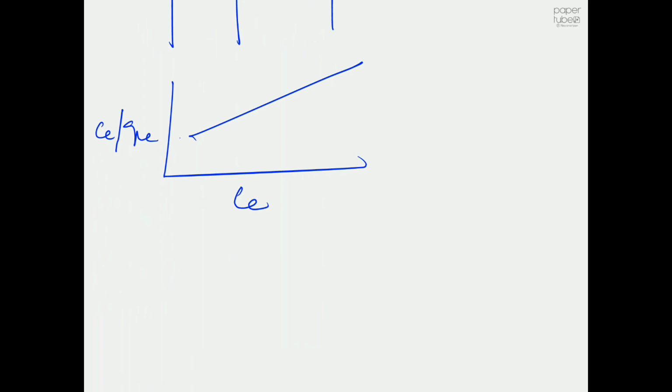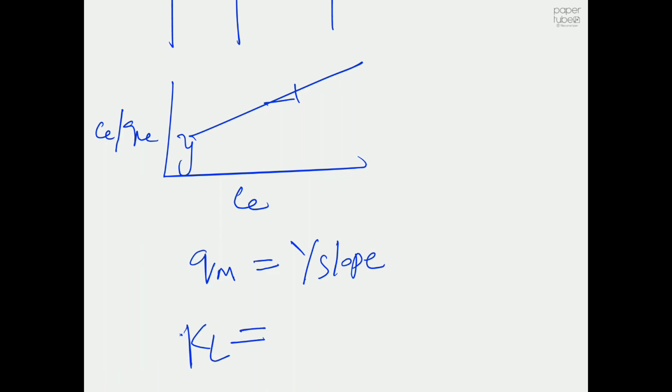You plot them, take the intercept and the slope. From these two values you can calculate your QM value. QM will be 1 by slope, and KL will be equal to intercept divided by slope.